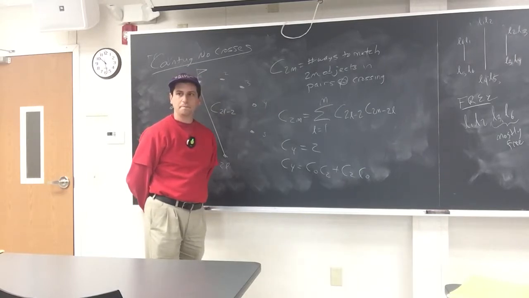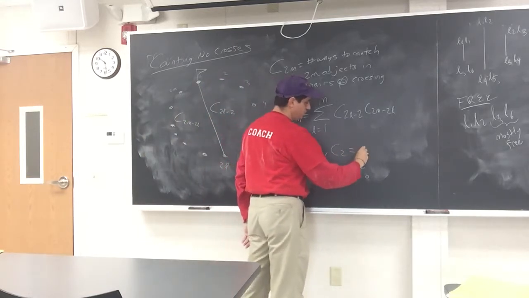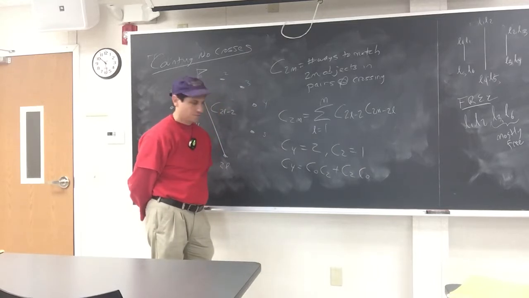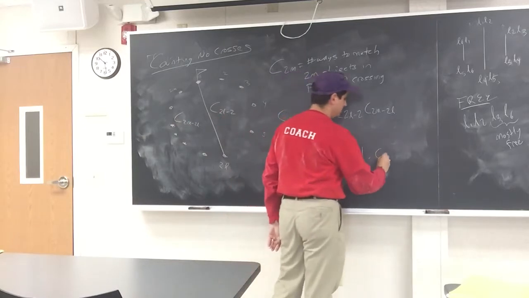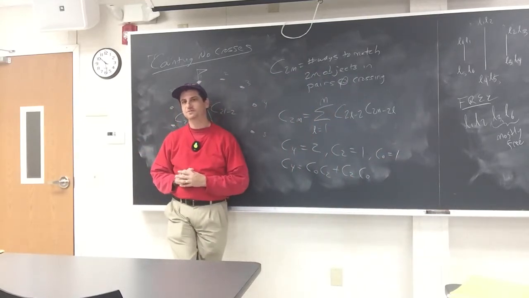And we know C4 equals 2, C2 equals 1. So what does C0 have to be? We have to define C0 to be 1. So as you would expect, there is one way to do nothing.